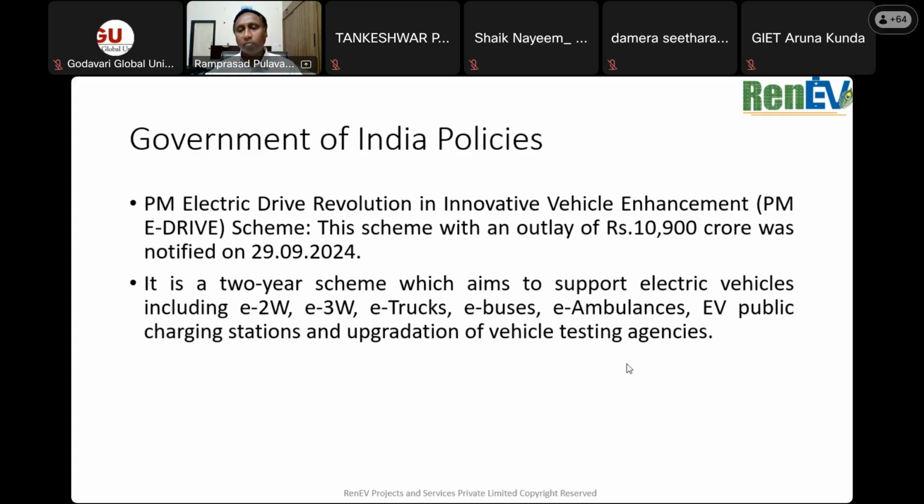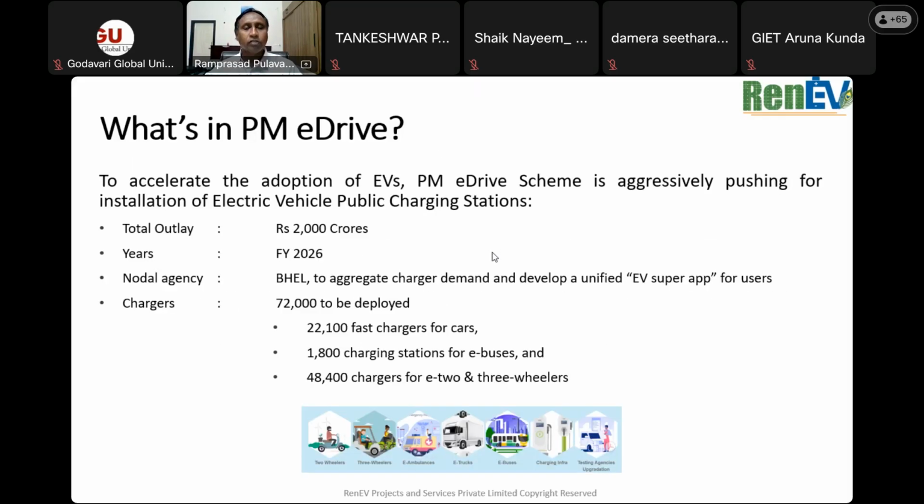And one other component they are supporting is upgradation of vehicle testing agencies. So what is in PM E-Drive? Let us specifically see what is there in it. Did anybody hear about PM E-Drive, or is this the first time you are hearing?